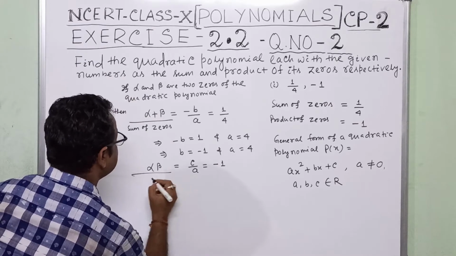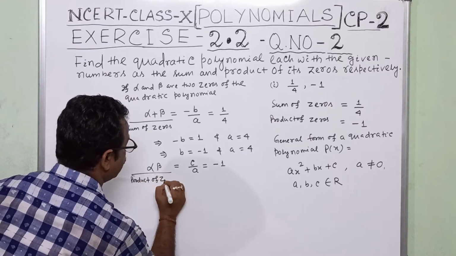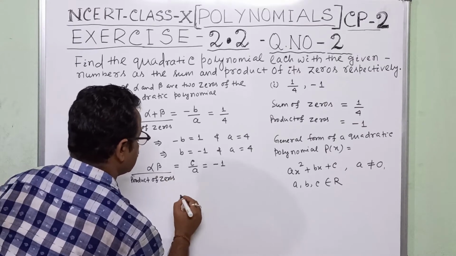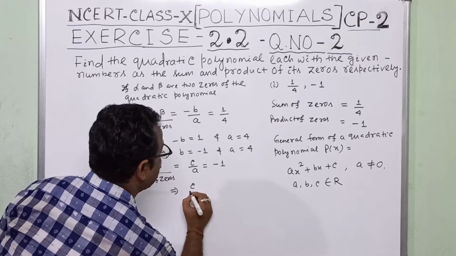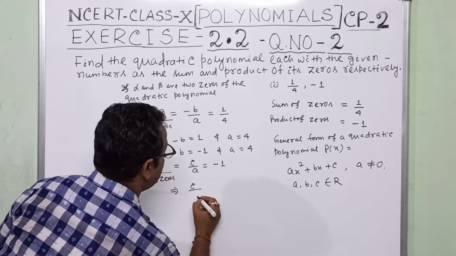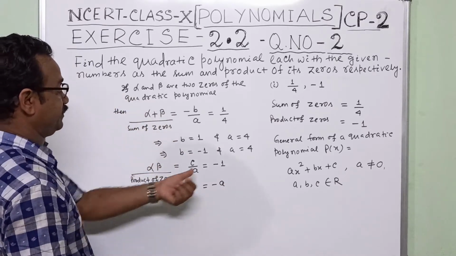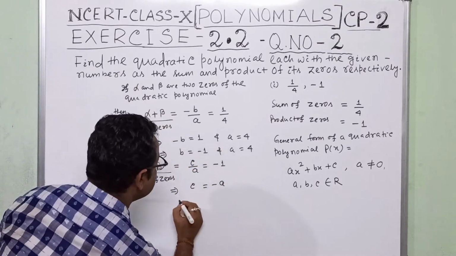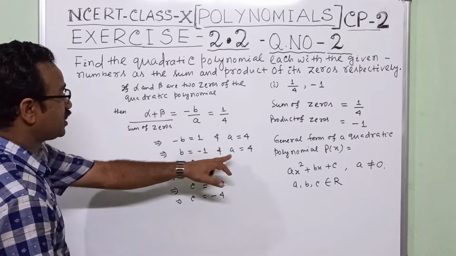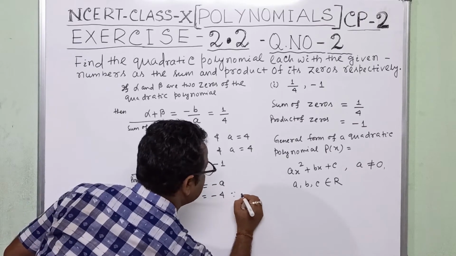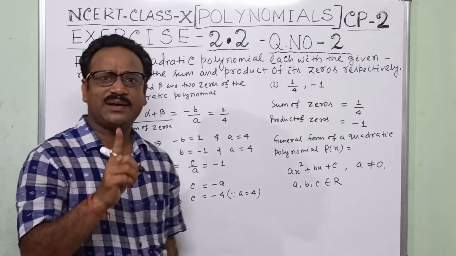So this alpha beta is the product of zeros. That implies c by a is equal to -1, c is equal to minus a. So that implies c is equal to -4 because a is equal to 4. Already we got it.